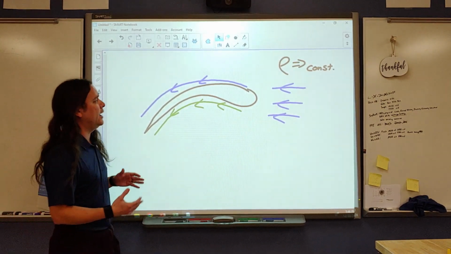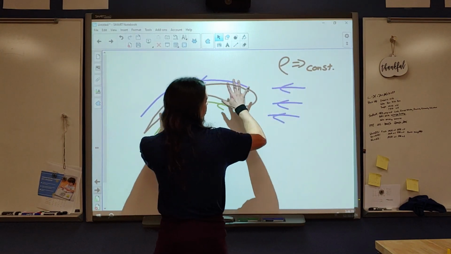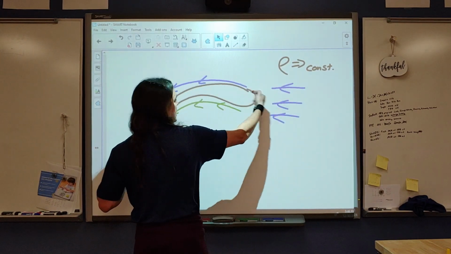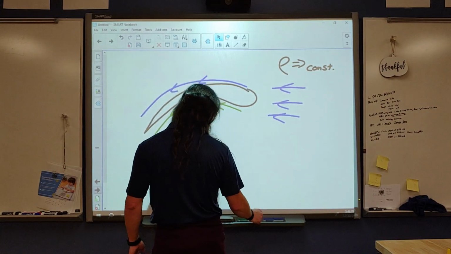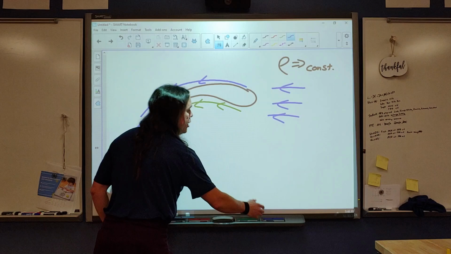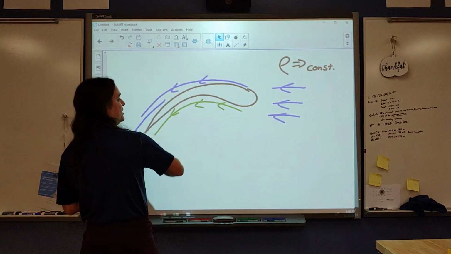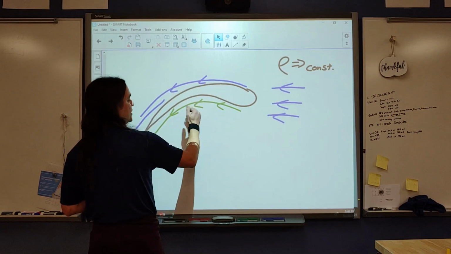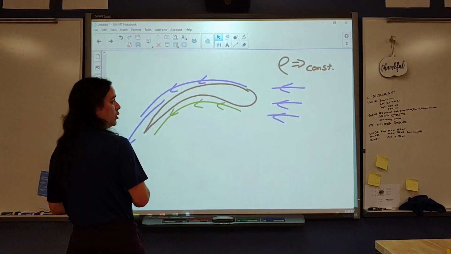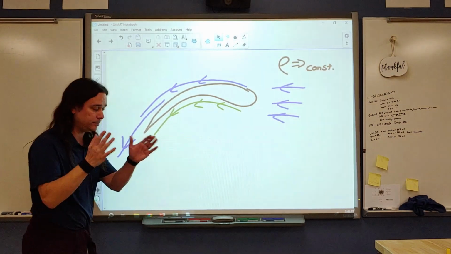In fact, while I have your attention, technically the air is not moving, but from the frame of reference of the plane, it's coming in horizontally to the left, and it leaves going down and to the left. So to change the motion of the air and direct it downward, the wing has to apply a downward force onto the air, Newton's laws of motion.